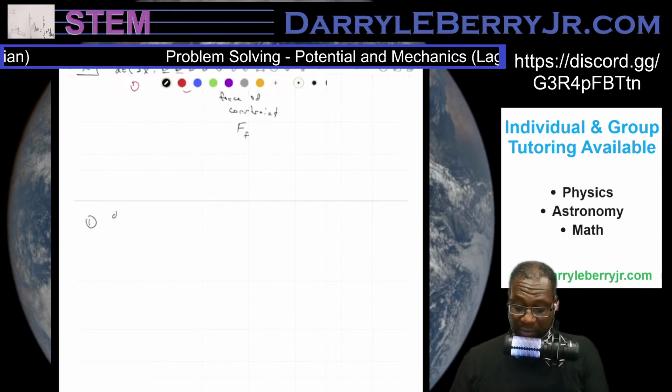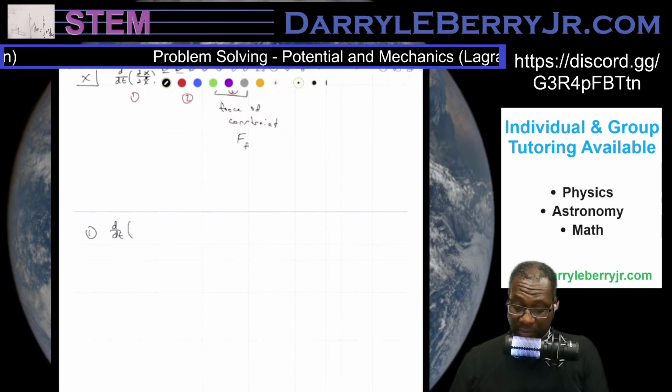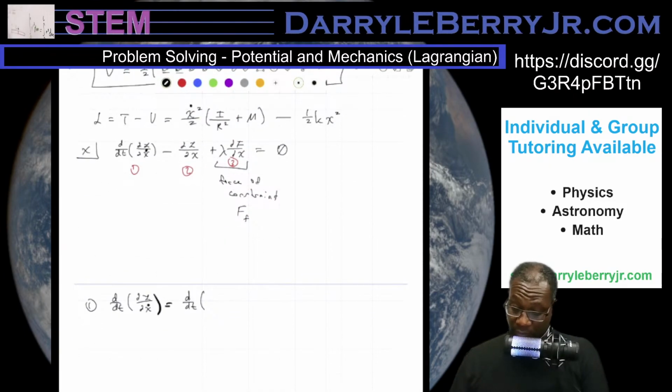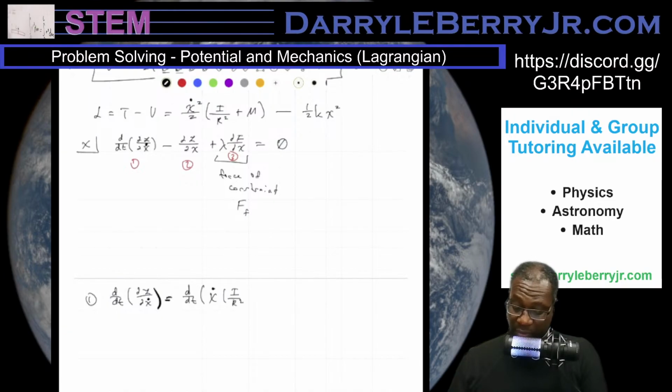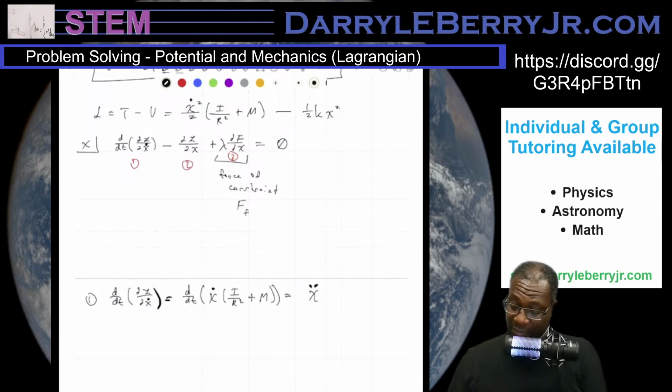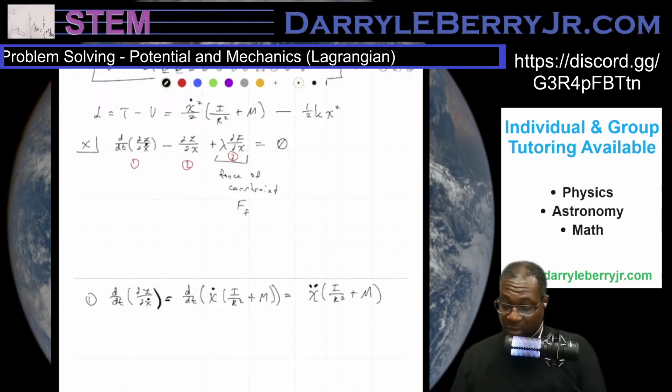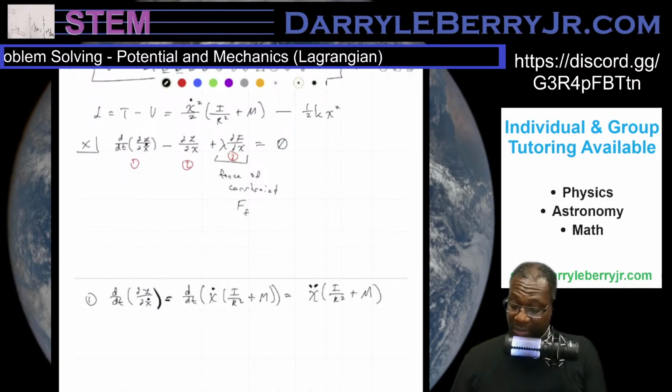So 1: d dt of partial L partial x dot equals d dt of x dot times I over r squared plus m, equals x double dot times I over r squared plus m, and all the other terms are constants.